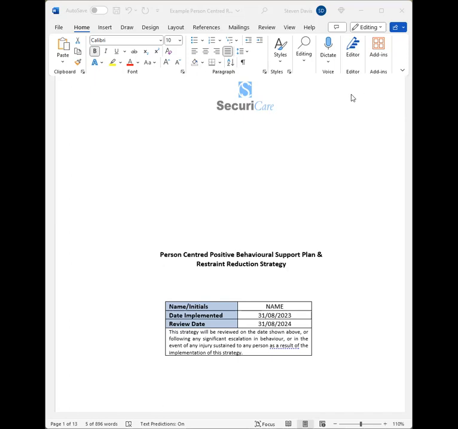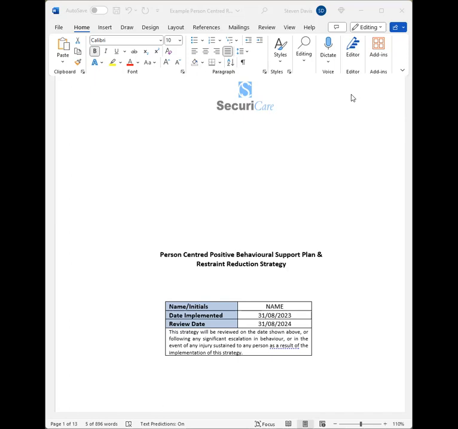So we need to be looking at mitigating risks while promoting alternatives for a more acceptable behaviour. And you'll have heard things like positive behaviour support plans or PBS strategies. So in the event of an escalation, we need to use a multi-phased approach, which is a prescribed response.